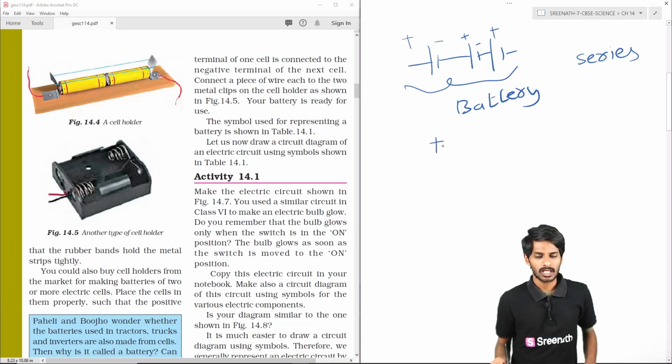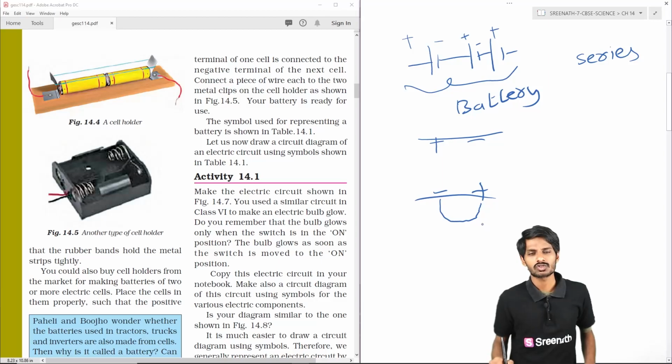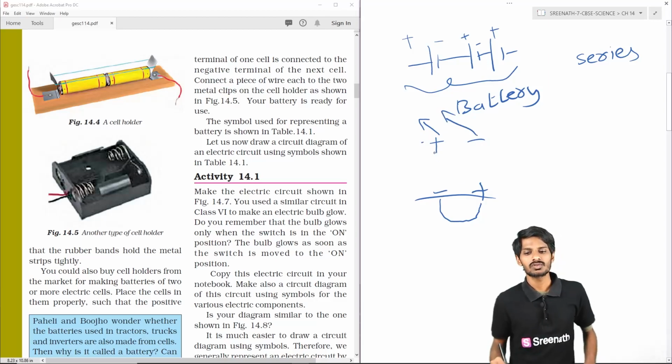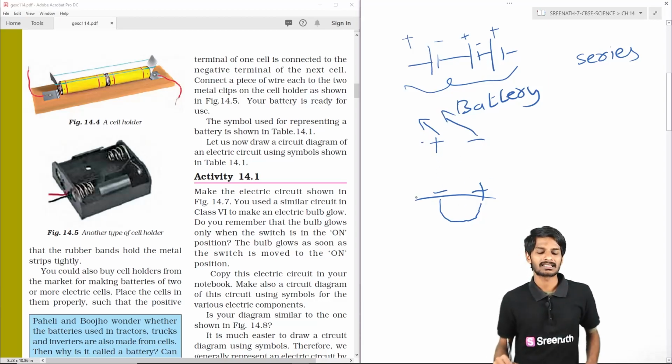If you place the positive terminal of one battery here and the negative terminal of the other battery here, so obviously here we will place the negative terminal and there the positive terminal. What happens if you connect both these things? Obviously the negative terminal of the first battery is connected to the positive terminal of the second battery, and this goes to the bulb, and this goes to the bulb. So positive, negative. It is the series connection. Like that they are connected, students.